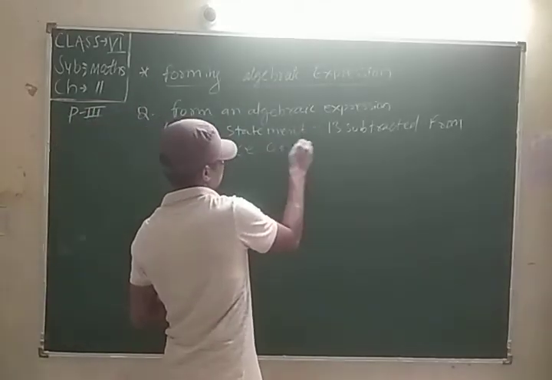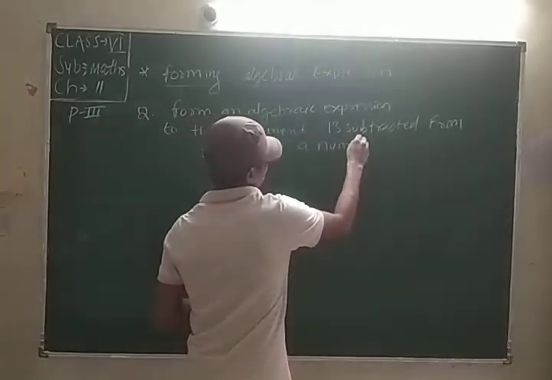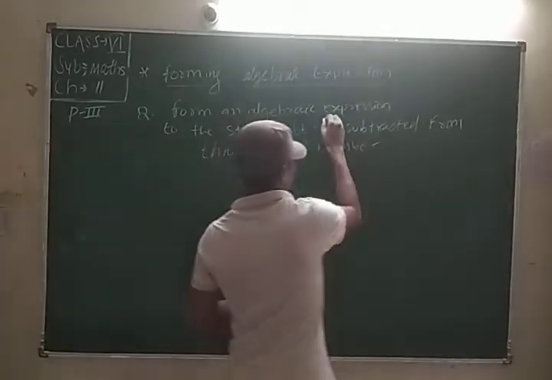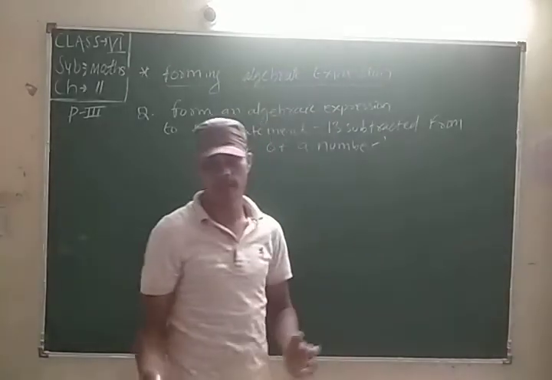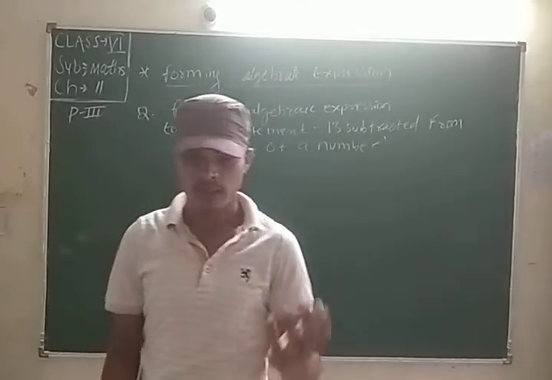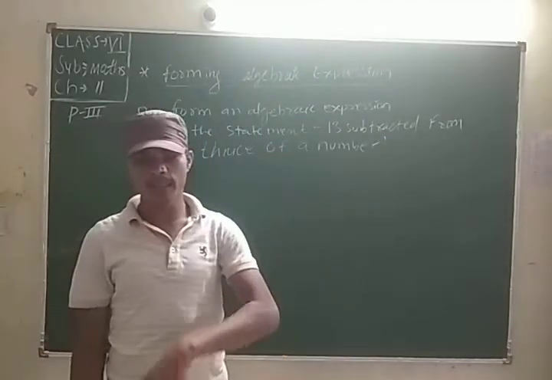Thrice means 3 times. So 13 subtracted from thrice of a number is the statement. How can we change it to an algebraic expression?